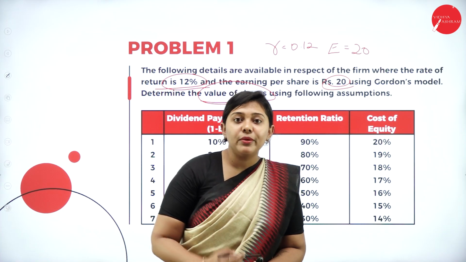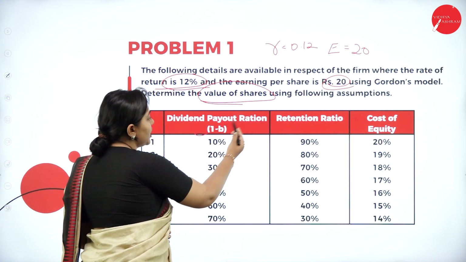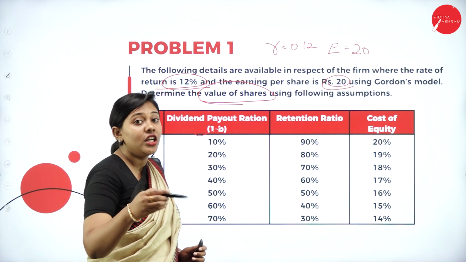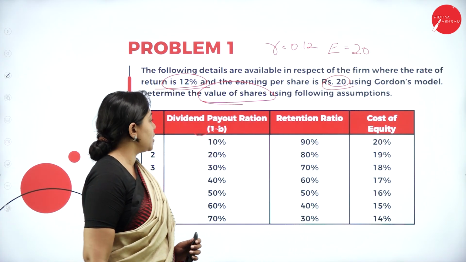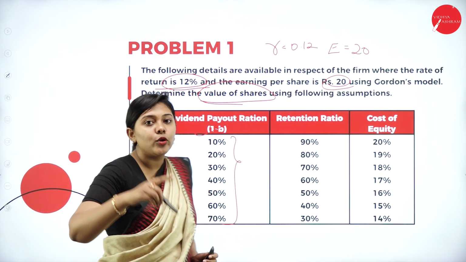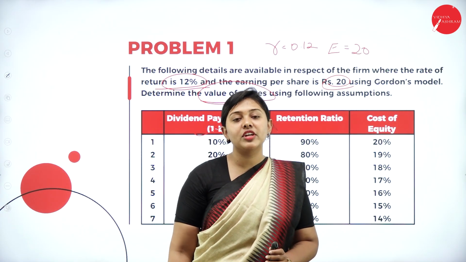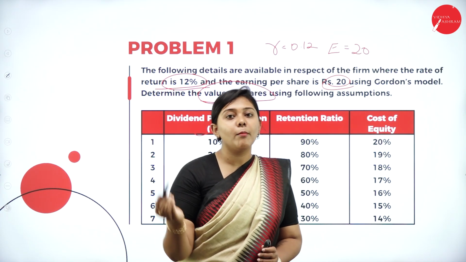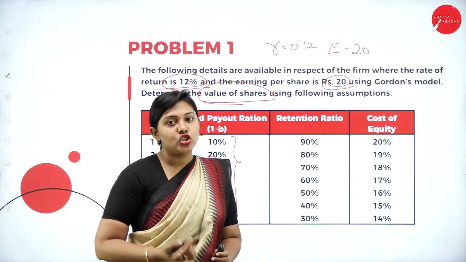What is the table given in the question? Dividend payout ratio is given, but we don't know what the retention ratio is. Dividend payout ratio is 10. So let us assume 100 rupees is the profit we have got. If we are issuing 10% dividend, what will be the remaining amount? 90%, or 90 rupees, will be your retention ratio.